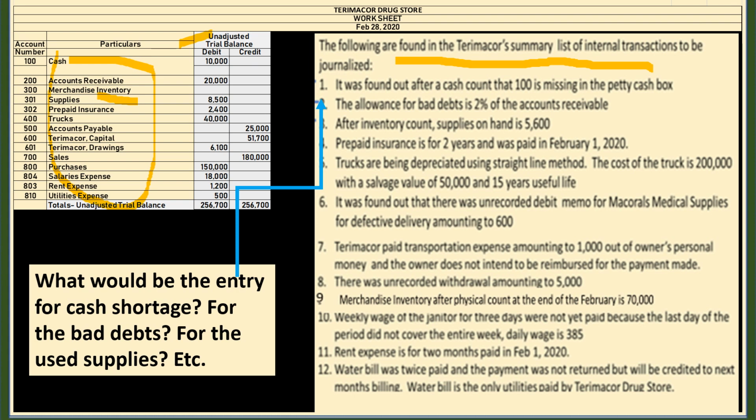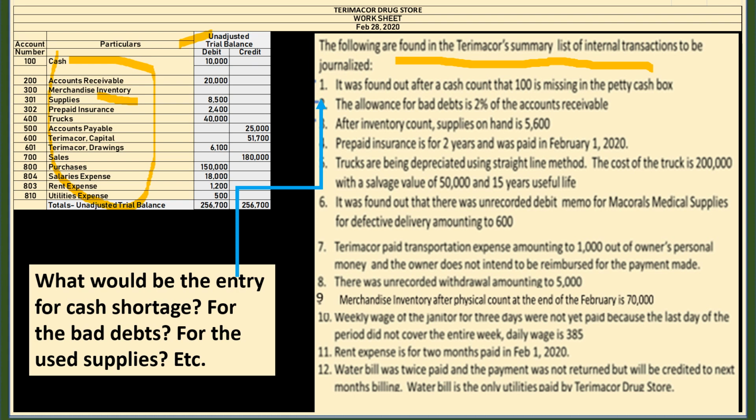How much will be the expense? We've already recorded the asset. Now we're going to record the expense. That will be 8,500 minus 5,600, which will be 2,900. So there is a supplies expense of 2,900.